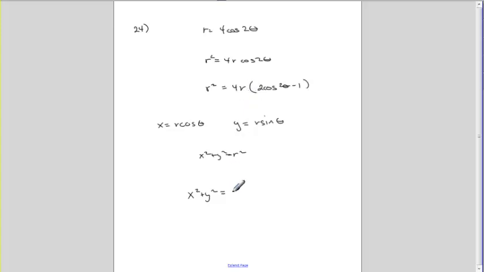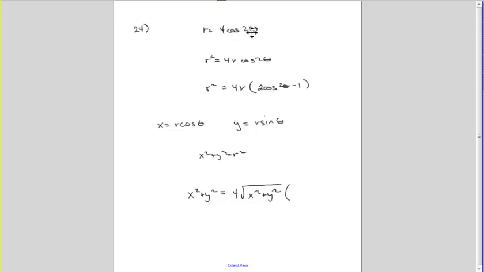If we have r here, we'd have 4 times the square root of x squared plus y squared. What I'm thinking here is that this may not be easy because it's going to be either A or B, and we could probably solve the whole thing by process of elimination.